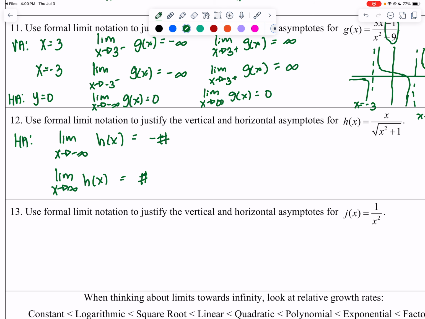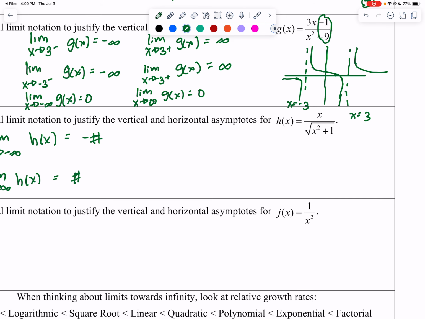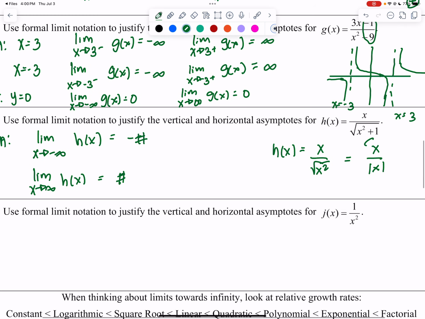Now, to figure out what that number is, don't forget that we could probably compare this with x over the absolute value of x squared. Now remember that the square root of x squared is the absolute value of x. So whenever I do this, I have this little thing that I'm comparing it to. Now, if I'm approaching negative infinity here, this is just going to be a positive x over x. So that's just going to be 1, or in this case, -1.